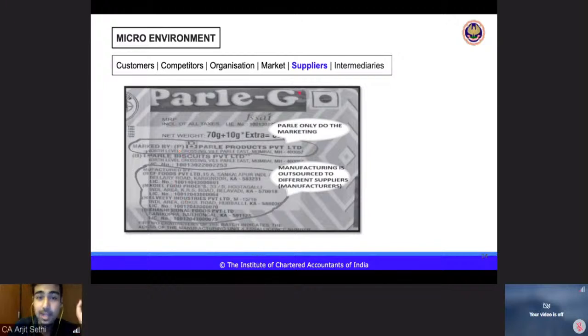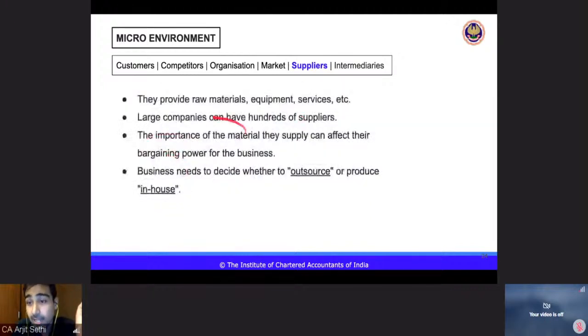So this is suppliers. Why are suppliers important? Because they can have bargaining power if they sell important material to me. And then as a business, I have to decide whether to outsource or to produce in-house, either get it done from outside or do it myself.